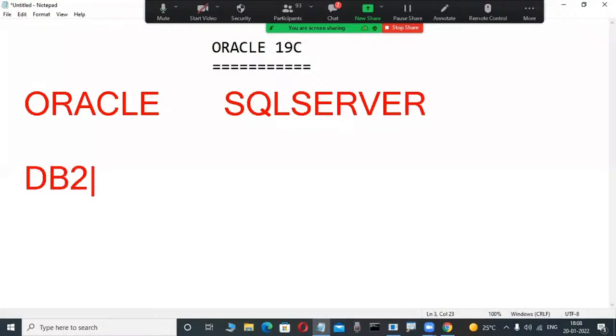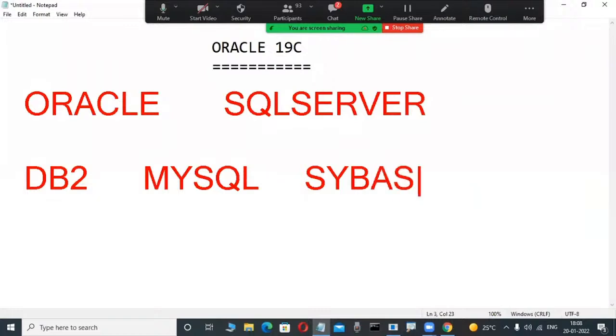DB2 is a database product from IBM. MySQL is an open source database product, but nowadays Oracle Corporation is purchasing it. Sybase is a database product from Ingress Corporation.